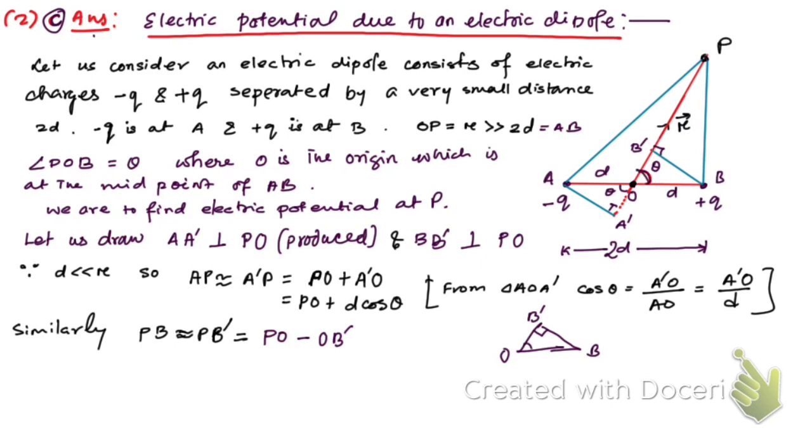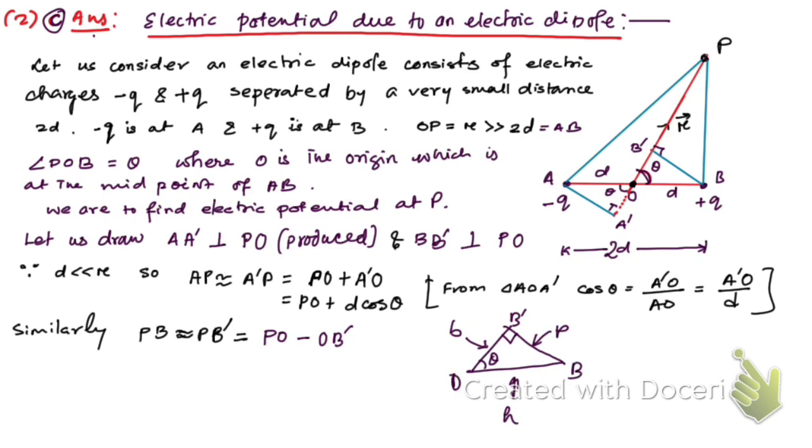If this is theta, then this side must be the base and this side must be the perpendicular. So let me make it larger. This is B dash, this is a right angle, so this is the hypotenuse, and this is the base if this is theta, and this is the perpendicular. Here it is O, this is B.